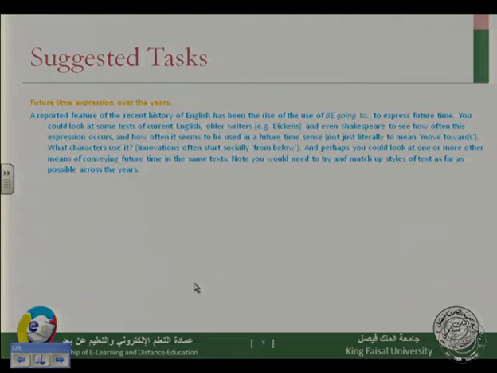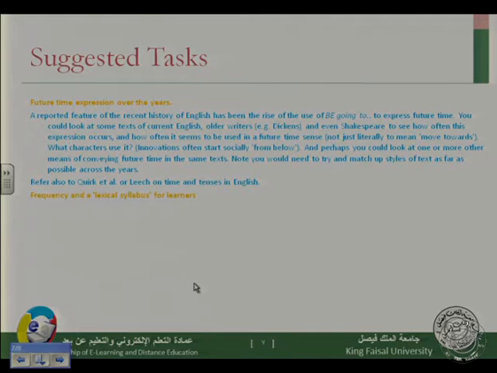We want to see the development of the language from the past until now, because there are different words whose meanings have changed over time. So this is one interesting way to check. Refer also to Quirk et al. and Leech on time and tenses in English, to read about verb tenses.